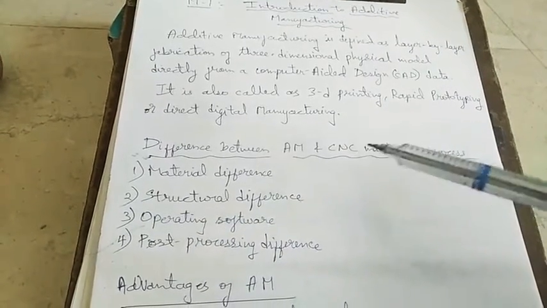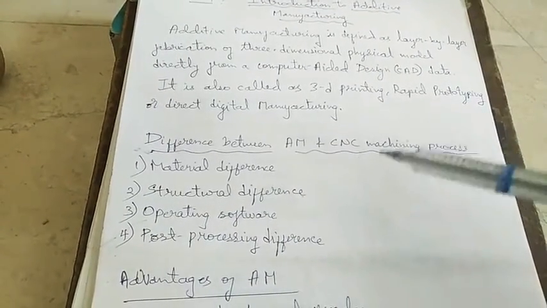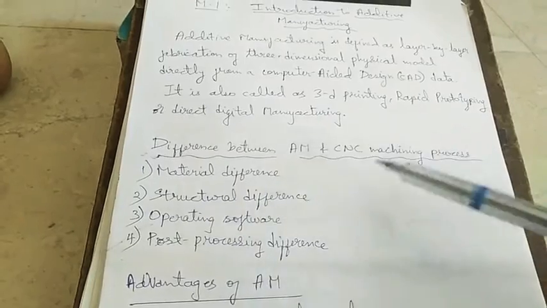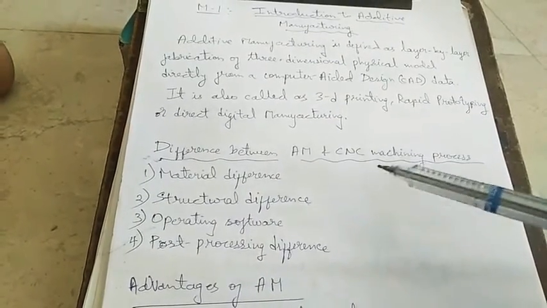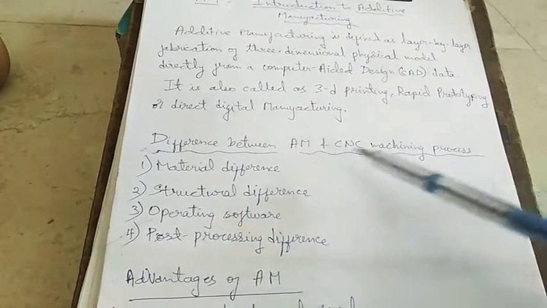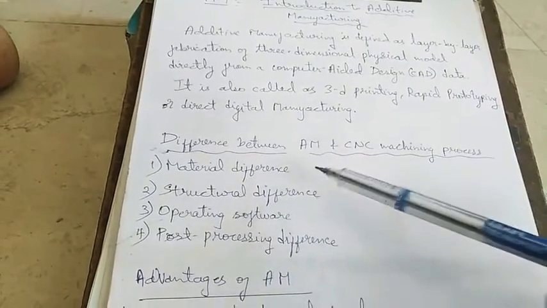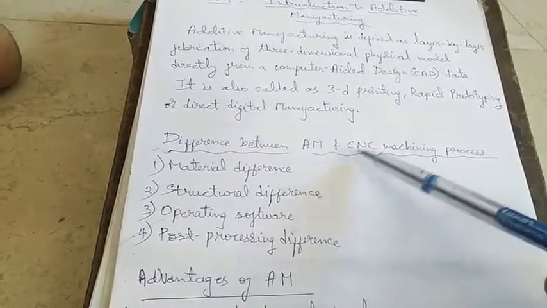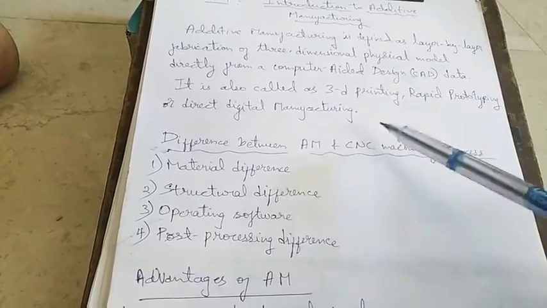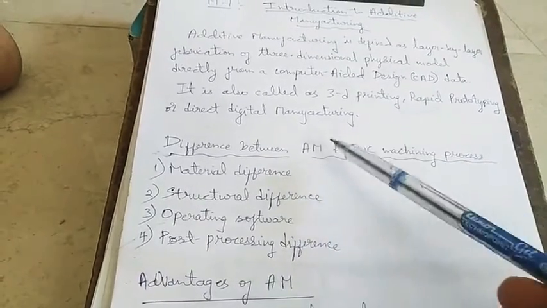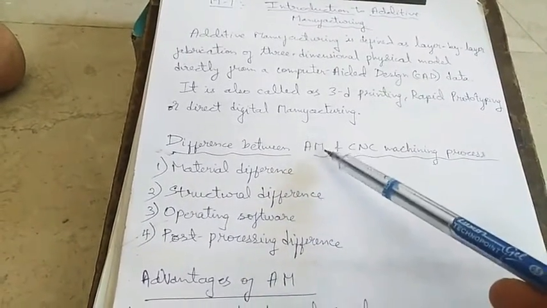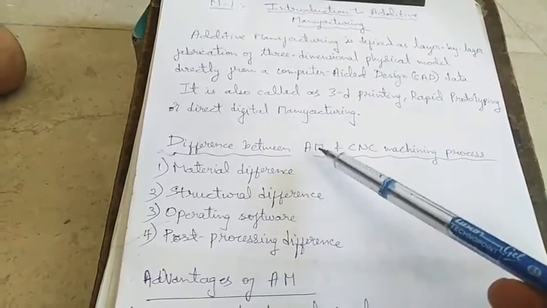So consider the simple example of additive manufacturing as building a house. If we imagine that process, we can easily understand the additive manufacturing process. First is the material difference. In CNC we remove the material. In additive manufacturing we add the material to construct a body.